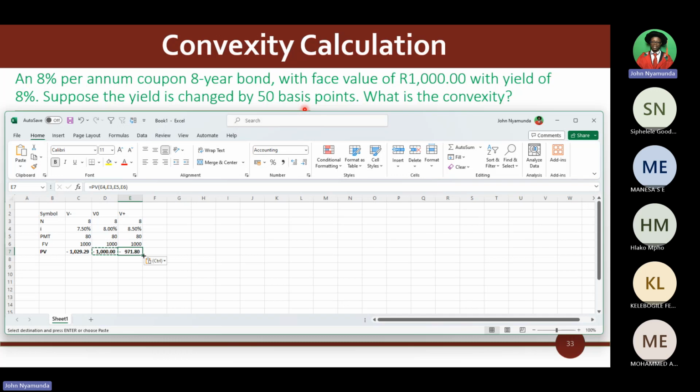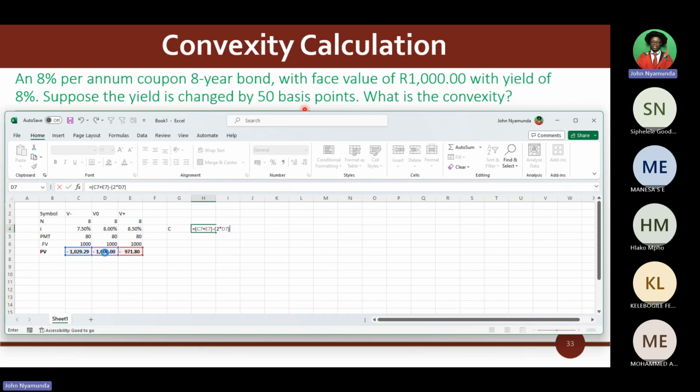Okay. Now we are going to try and find convexity. Convexity, we open our bracket. Convexity equals open bracket, V minus plus V plus, close bracket, minus, we need an extra bracket somewhere, minus 2 times V naught.